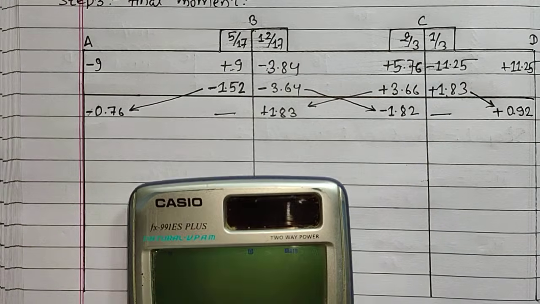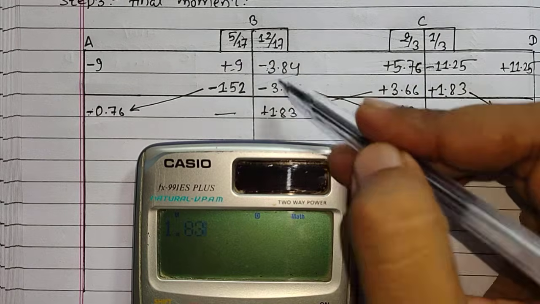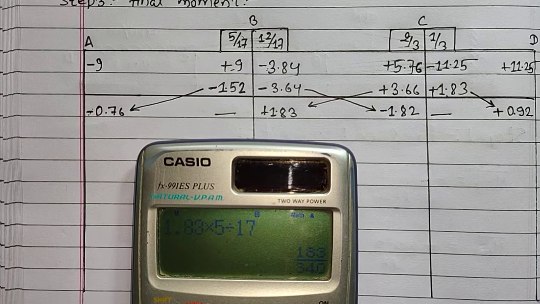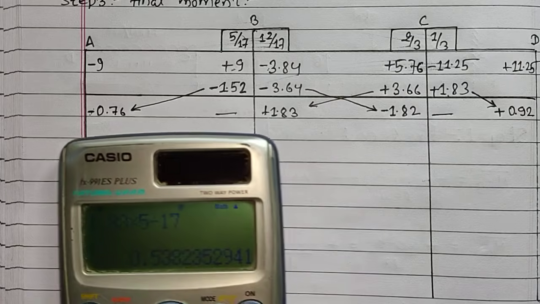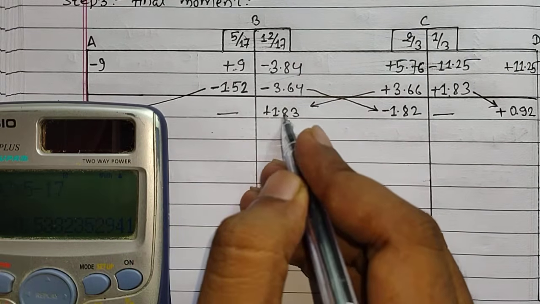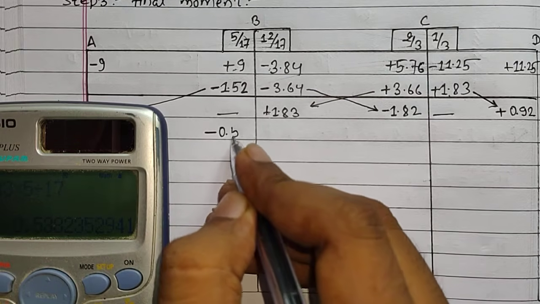So see here guys, what we need to do: multiply 1.83 by 5 by 17, we will have here 0.538, so we will write here 0.54. This is plus, so we will write it in minus 0.54.